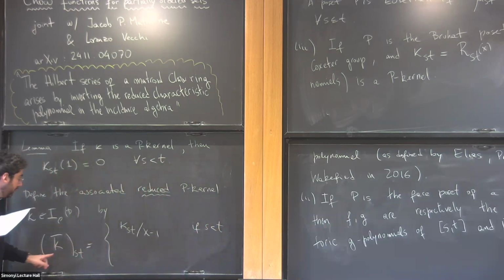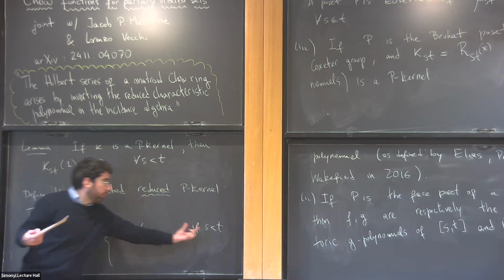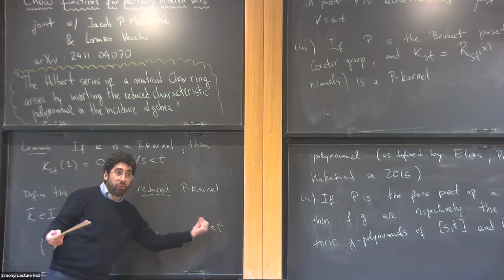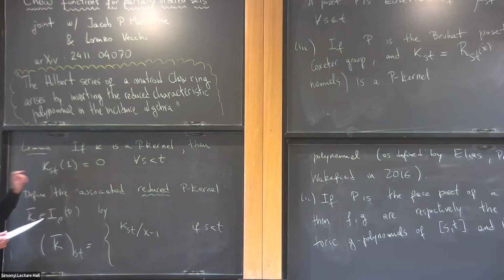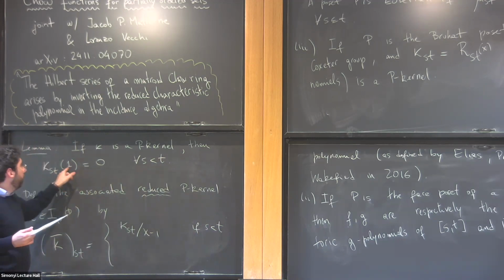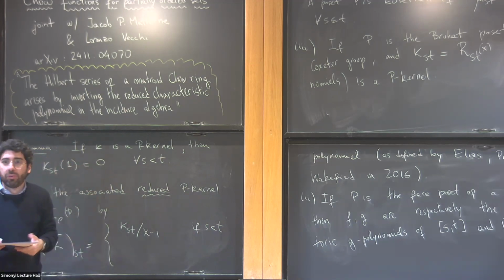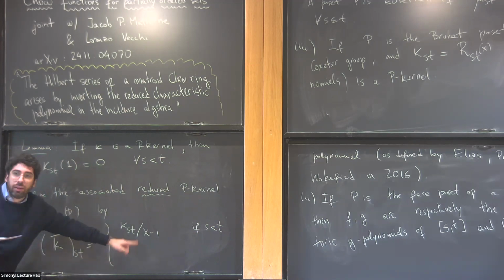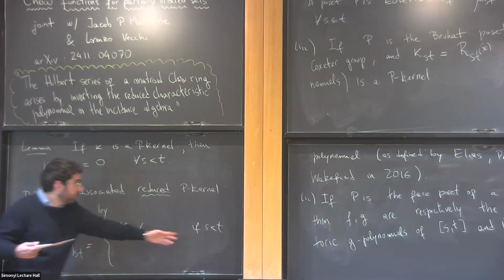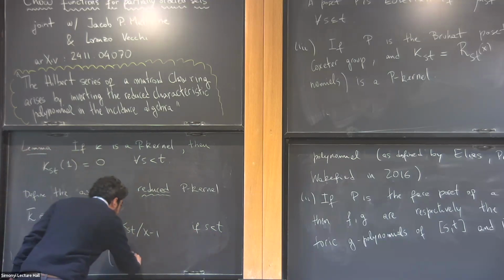So what this is saying is kappa bar will drop that 0 for all intervals that are non-trivial. But of course, if you think about the characteristic polynomial of a poset with only one element, that characteristic polynomial is always 1. So plugging x equals 1 will not give you 0, it will give you 1. So you have to tell me what to do. This division will not make sense if I put s equals t. And what you have to do is put minus 1.